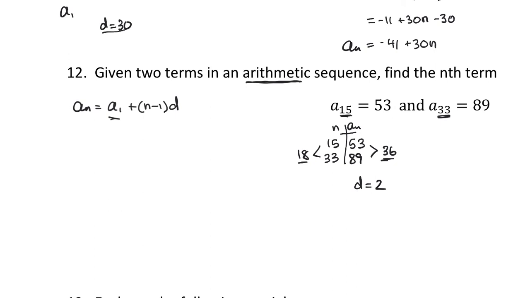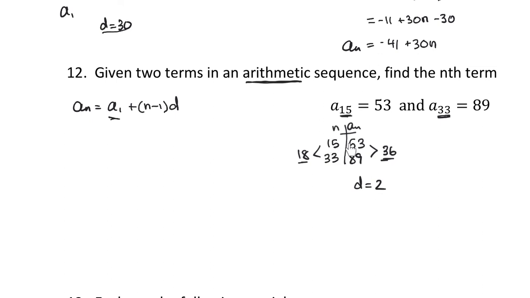Now, in this equation or formula, we know the common difference, it's 2. We don't know a sub 1, and right now a sub n and n are also variables. You can't solve an equation with 3 variables, you can only have 1 variable, and we want the variable, the unknown, to be a sub 1. That means we need to plug in something for n and something for a sub n that we already know. Well, we already know 2 of them.